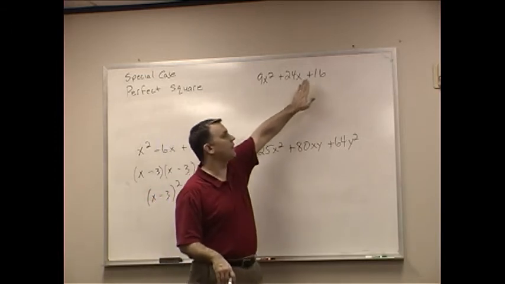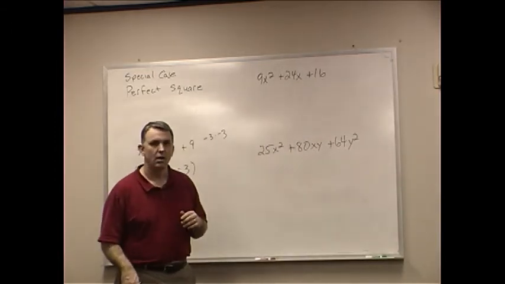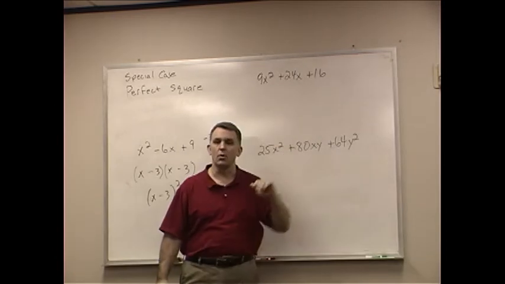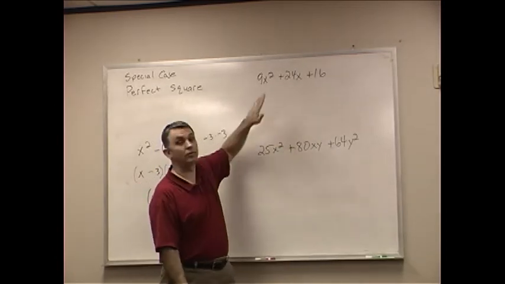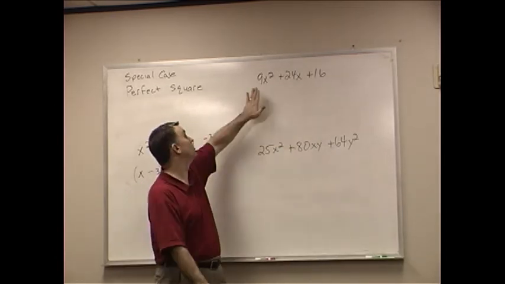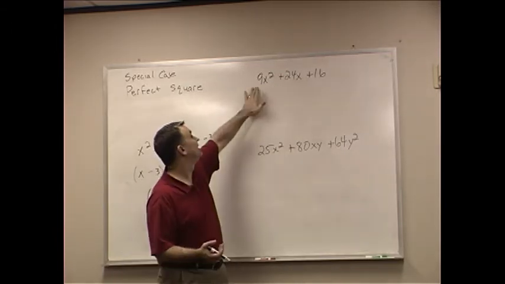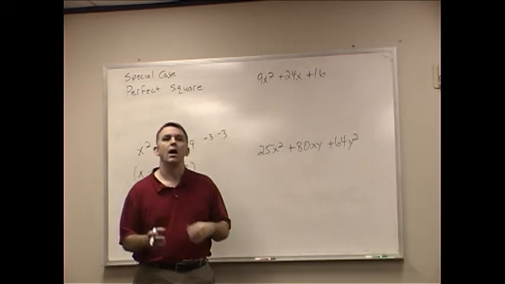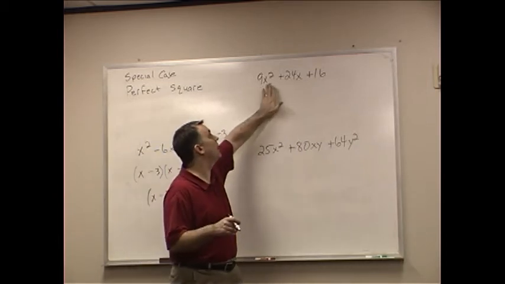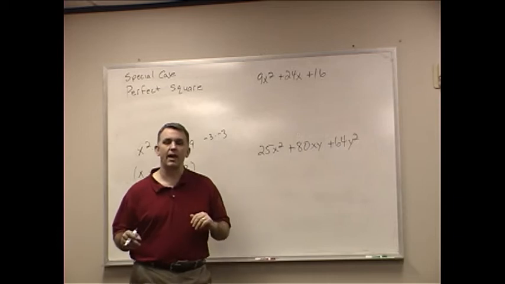Now, 9x squared plus 24x plus 16. When you look at this for factoring, if you were to go through, you'd say, oh, wait a minute, a is greater than 1. The first thing we do, common factoring. Can I pull any common factoring out of that? No, they don't have anything in common. I hope it jumps out that you could take the square root of the first and the last.